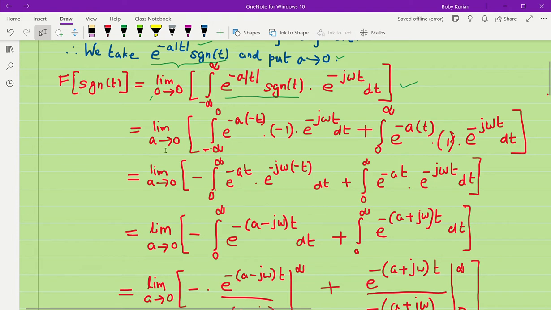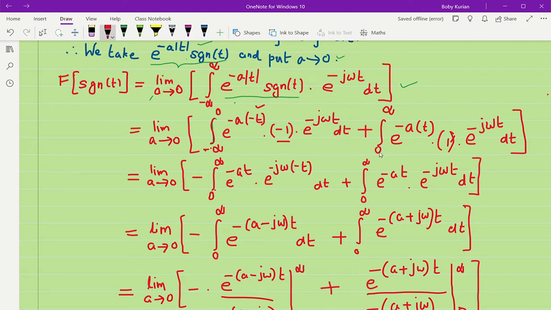So limit a tends to 0. In this function, let us take the negative values of t. So when t is negative, you can see here my integral minus infinity to 0 e power minus a, when t is negative mod t equal to minus t. Sgn of t for negative values of t equals minus 1, then e power minus j omega t dt.